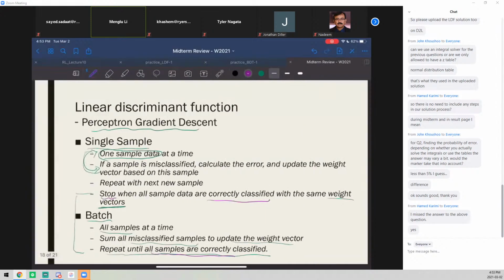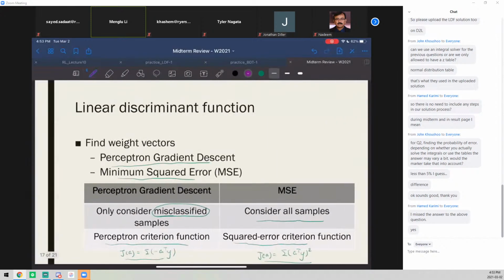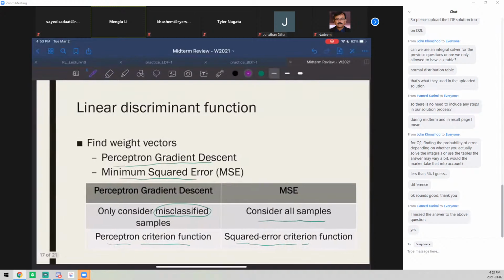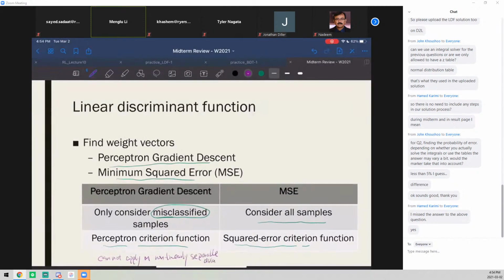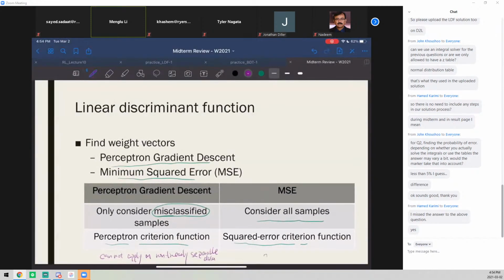So that's the third difference: perceptron cannot be applied on non-linearly separable data, and MSE can be applied.